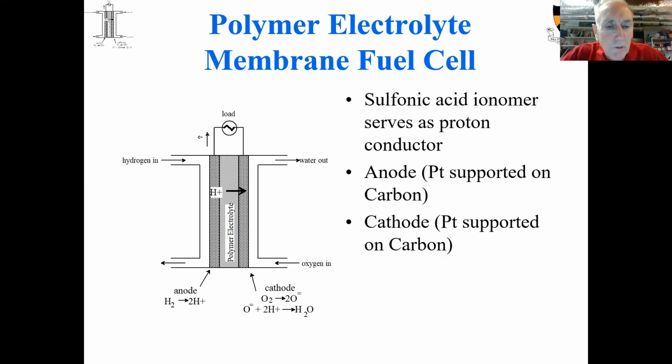Basically, very simple shown. We have hydrogen come to the anode where it's oxidized. It makes protons. The protons move across a polymer electrolyte membrane to the cathode. The anode is platinum supported on carbon. The cathode is generally platinum supported on carbon. So everything is symmetric.